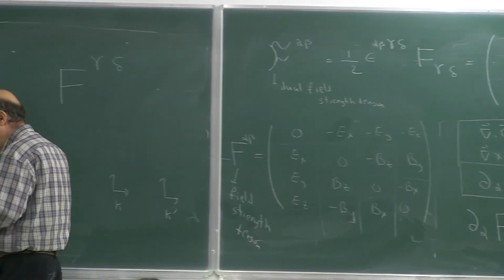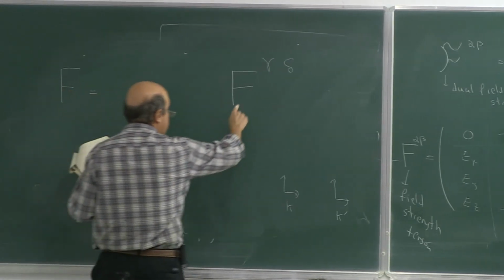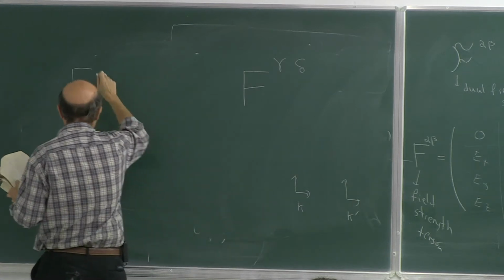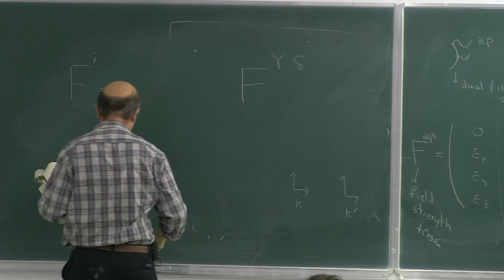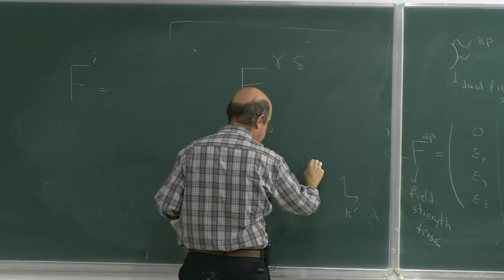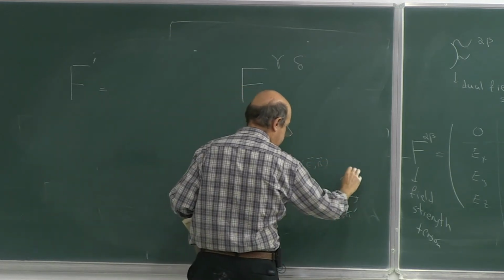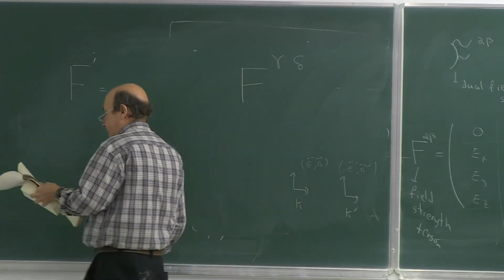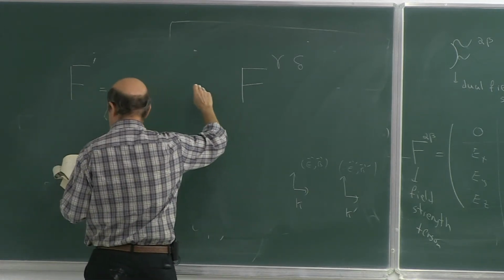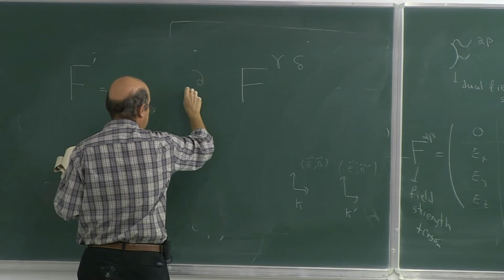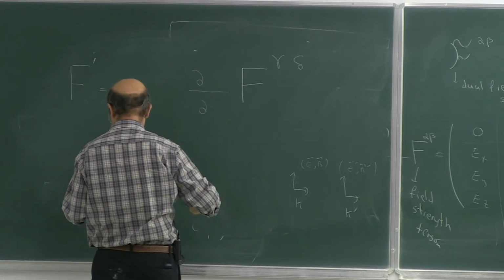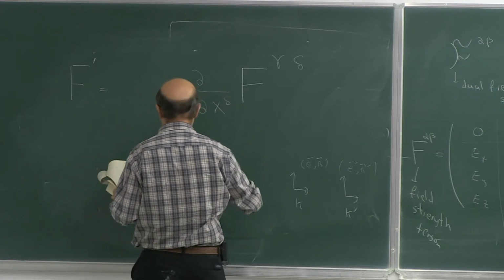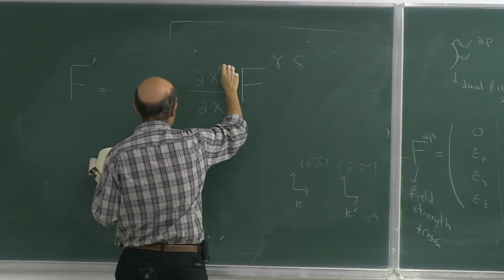The general transformation property is the following. F gamma delta in the new frame, let's say K prime, where here we have the E and B, and there we have E primes and B primes, will be transformed as what? Del x prime over del x, contracted with delta and leaving a free index beta.